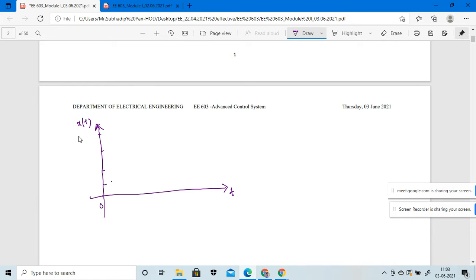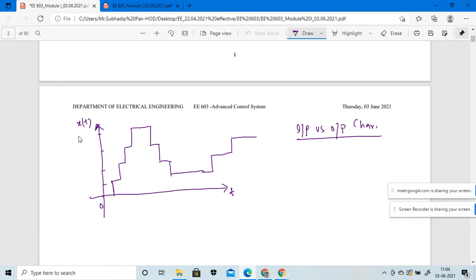Depending upon the different values, the signals will be generated in the input versus output characteristics in a discrete form.